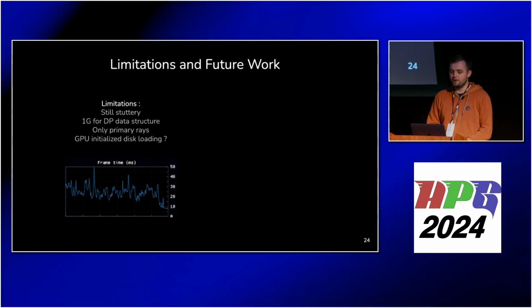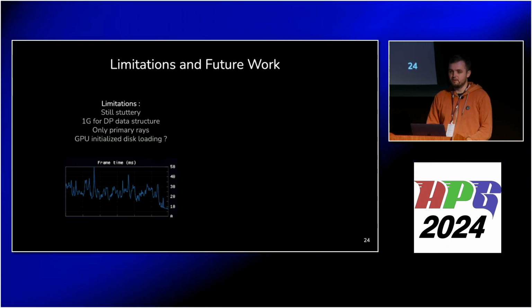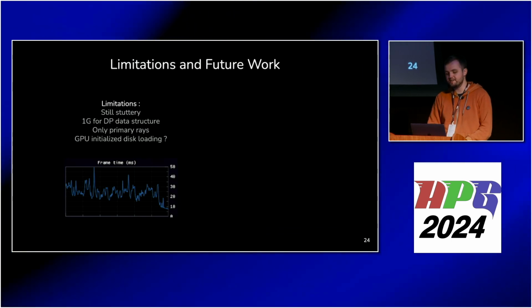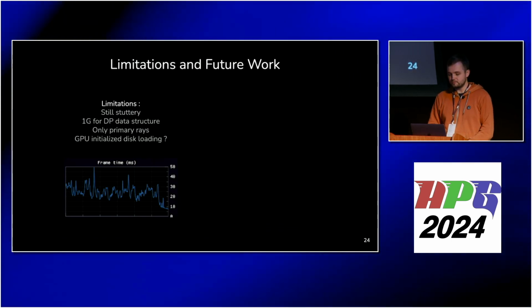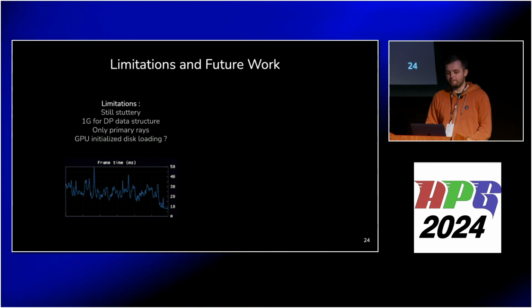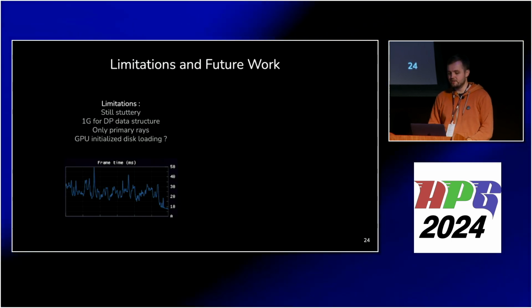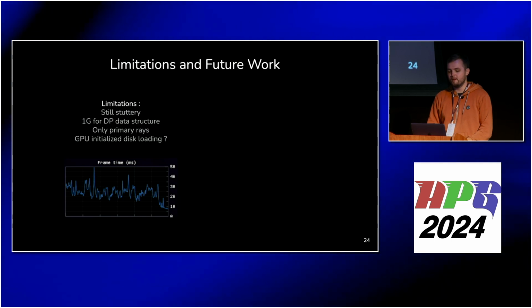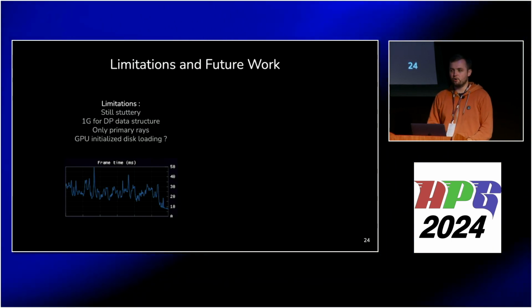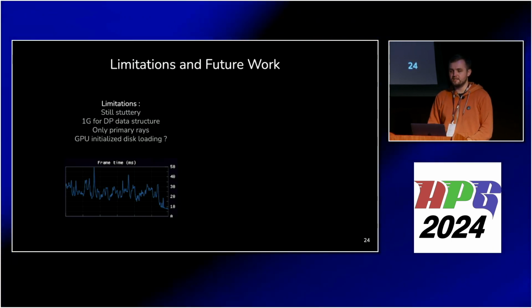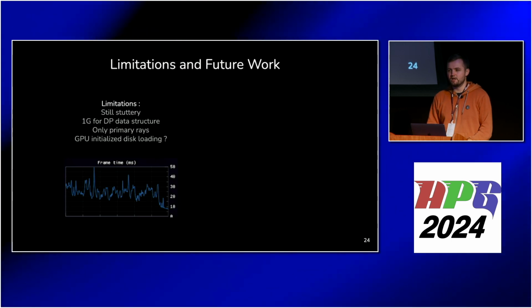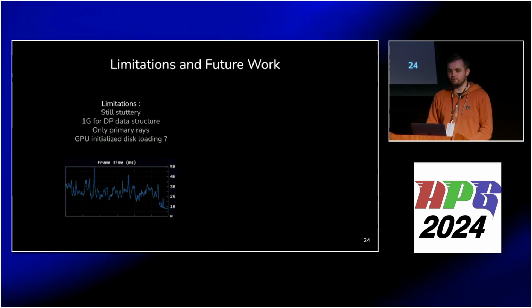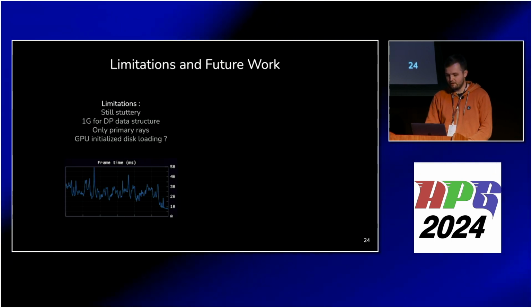Also, because of our brick bounding box rasterization technique, we can only do primary rays, so it is limiting. And lastly, we used procedural generation for voxel production, but it is not clear how we could apply disk loading with dynamic parallelism, as currently we don't have any way to initiate disk loading from the GPU itself.